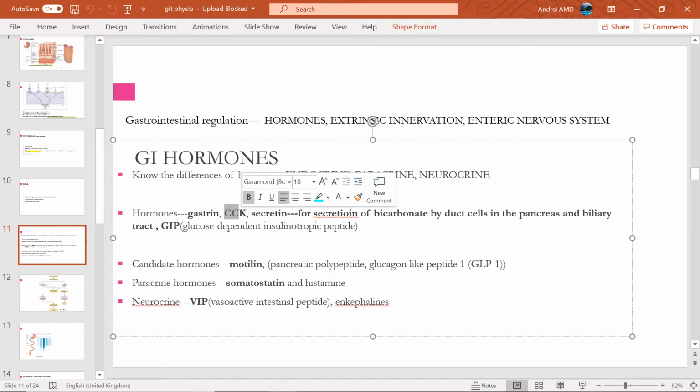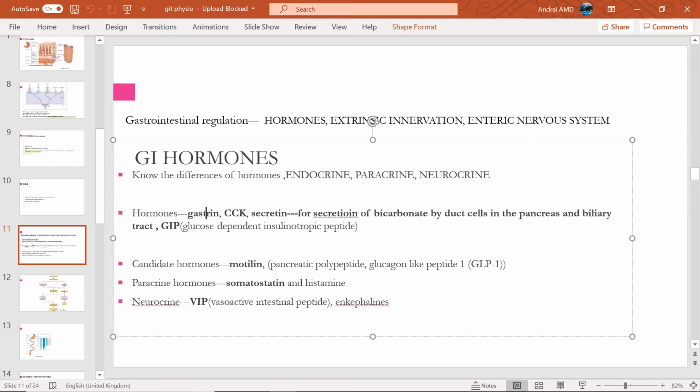I'll repeat what cholecystokinin does. First, its main job is to squeeze the gallbladder and also open the sphincter of Oddi so that it can release the pancreatic juice. It also stimulates the secretion of hydrogen carbonate in the duct cells of these organs.